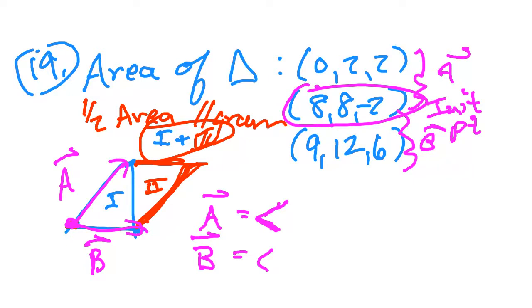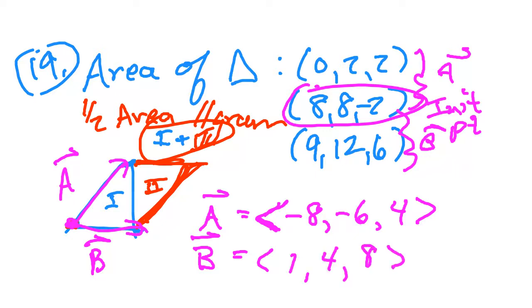Anyone? Don't you do just ending minus beginning? Yeah, that's all it is. So for A vector, it would be -8, -6, 4, I believe, because it's the top one minus the bottom one. And for B vector, it would be 1, 4, 8.